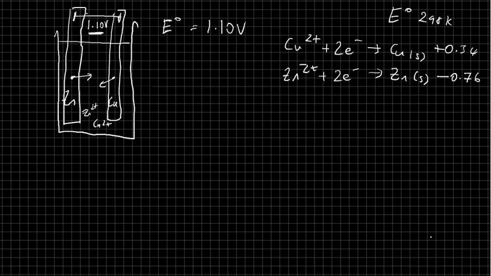Okay, so these are the two numbers. So what you do is work out the difference between these two numbers. So this is negative 0.76, and we've got a positive 0.34. And so the difference in the electrode potential is 1.10 volts, which is what we measure.